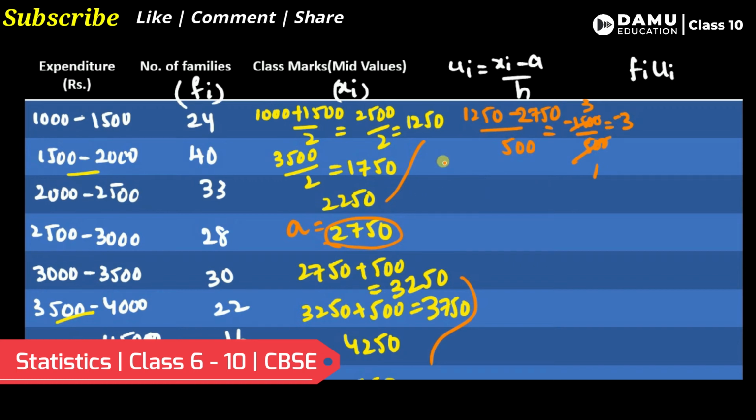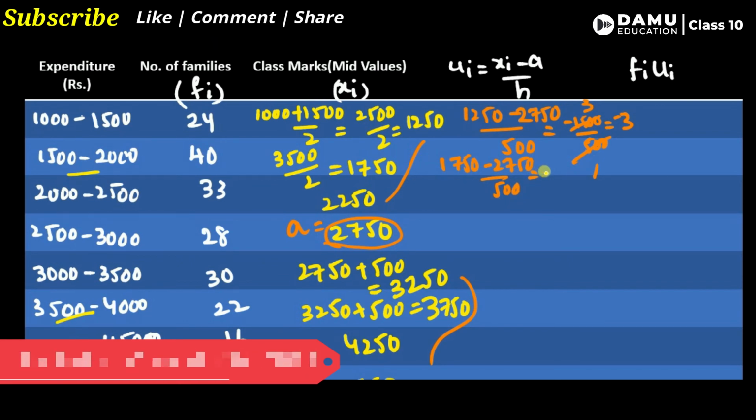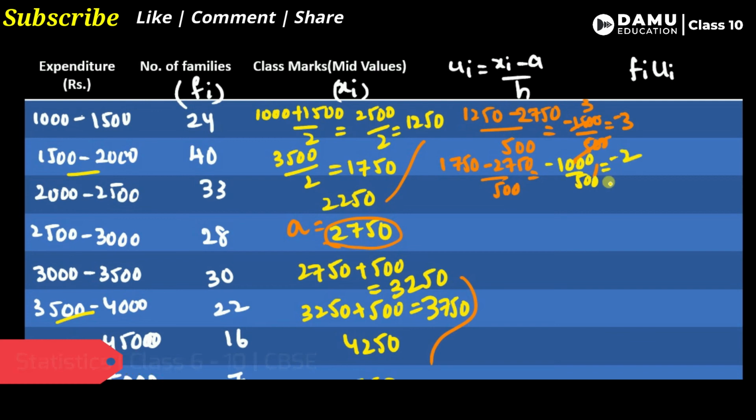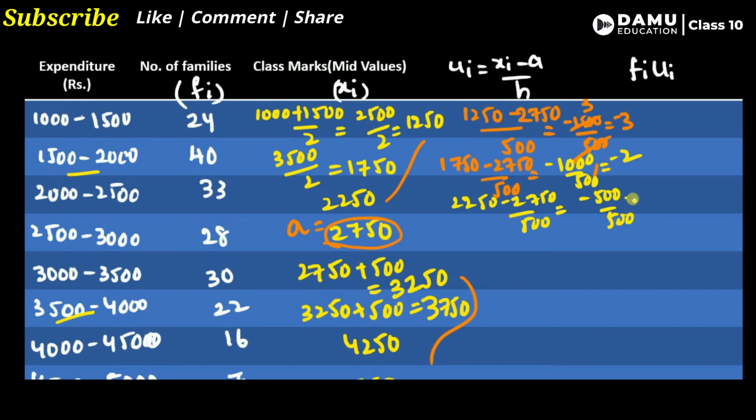For 1750, 1750 minus 2750 is minus 1000, divided by 500, giving minus 2. Similarly, 2250 minus 2750 is minus 500, divided by 500, giving minus 1. Then 2750 minus 2750 is 0, divided by 500, gives 0. Then 3250 minus 2750 is 500 by 500, that is 1.